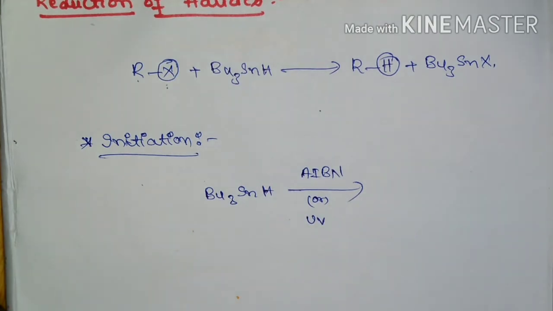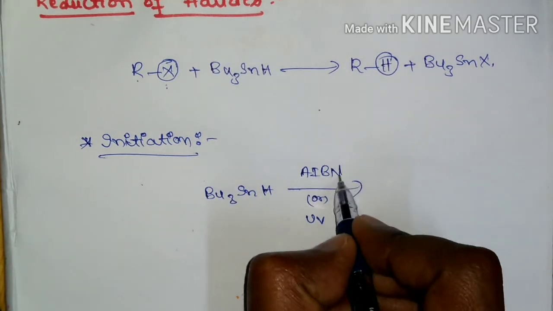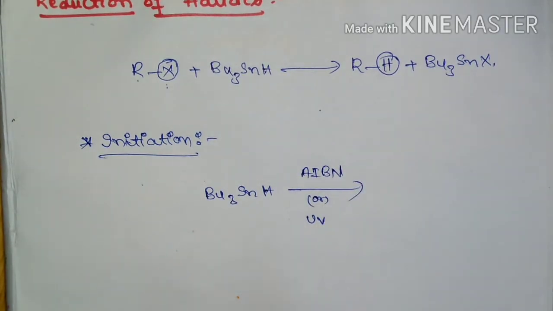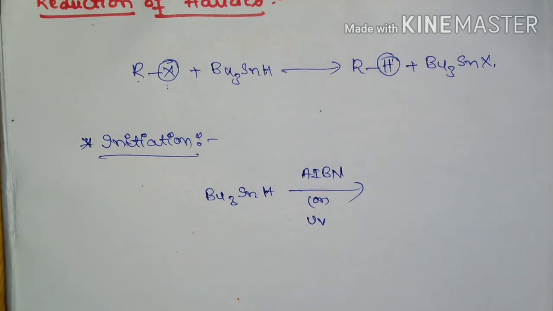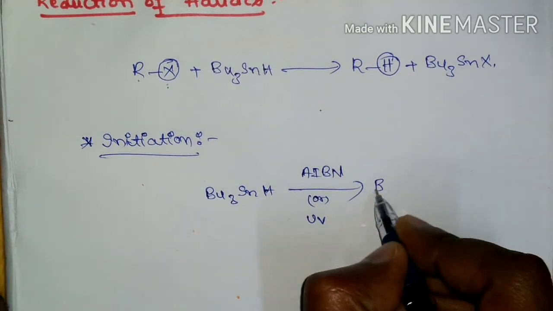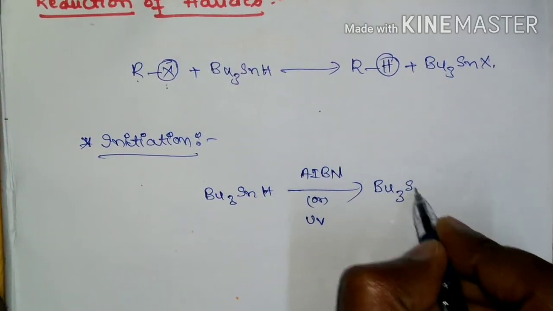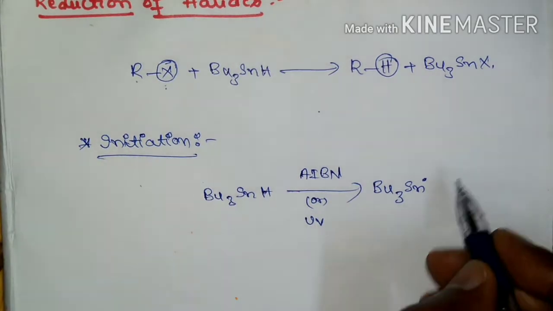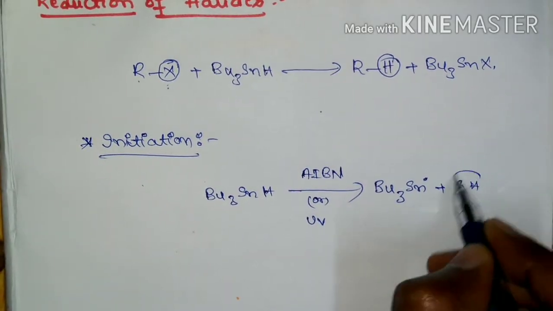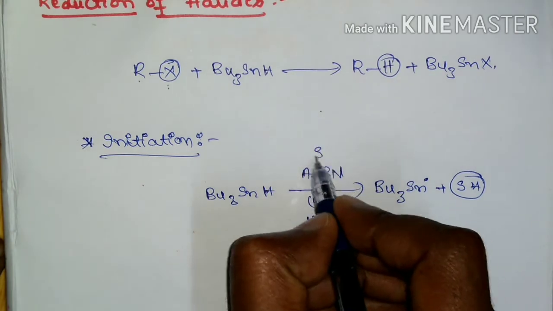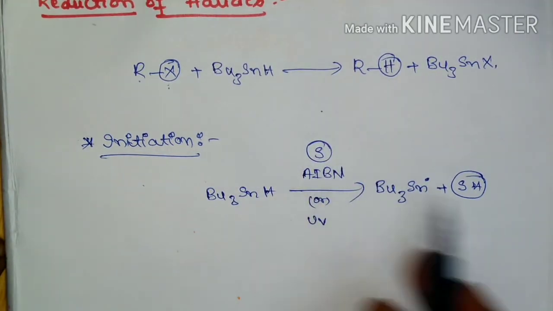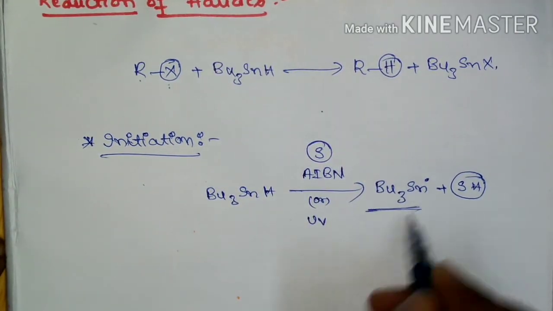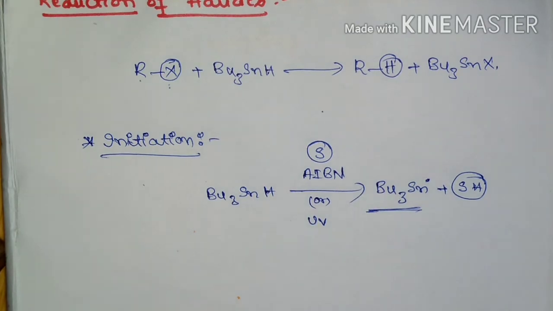Here with tributyl tin hydride we are not going to use peroxide as an initiator. So these are the two important initiators we use for the initiation step. It is going to form the tributyl tin free radical, and the hydrogen will be taken up by the initiator. So if we take S as the initiator, it is going to take that hydrogen and form the tributyl tin free radical.